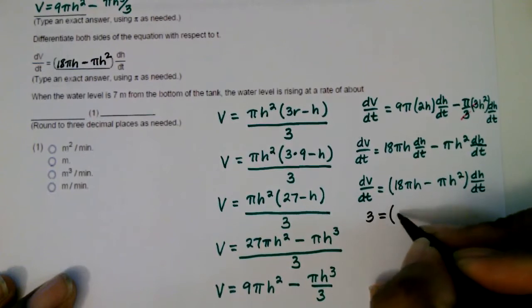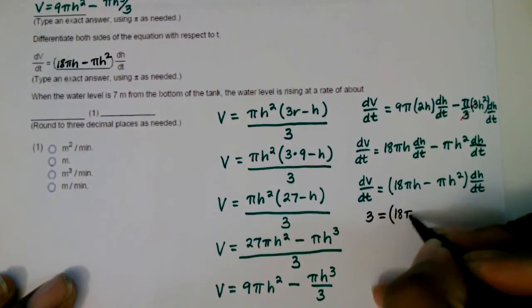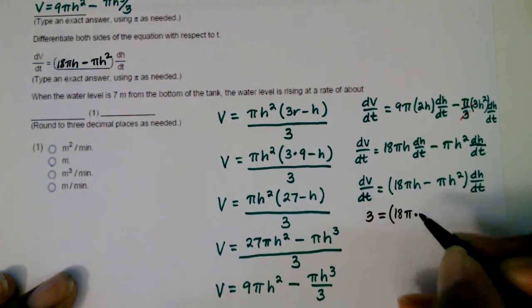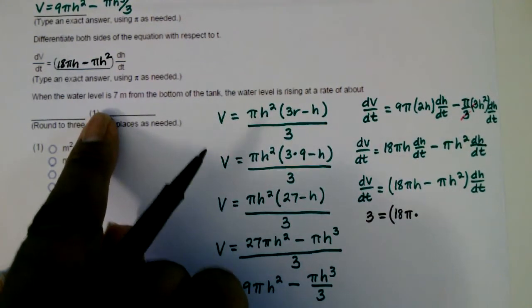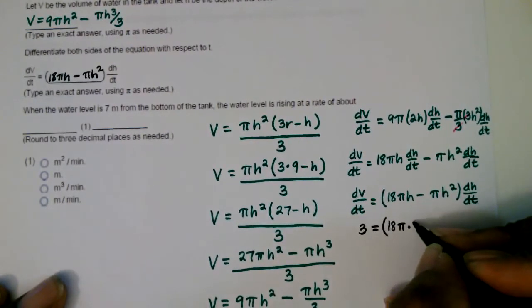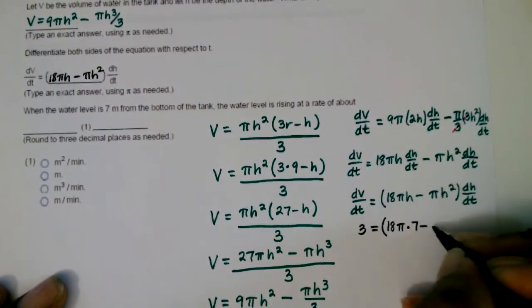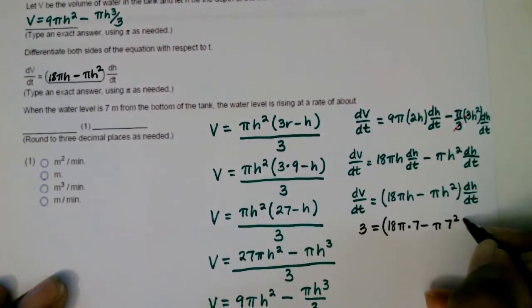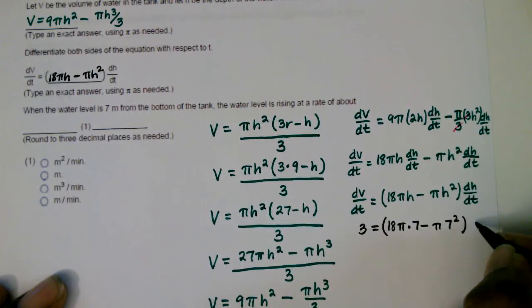That's equal to 18 pi times the height. The water level is 7 meters. That's your h. So it'll be 18 pi times 7 minus pi times h is 7 again, and that's squared, times dh/dt.